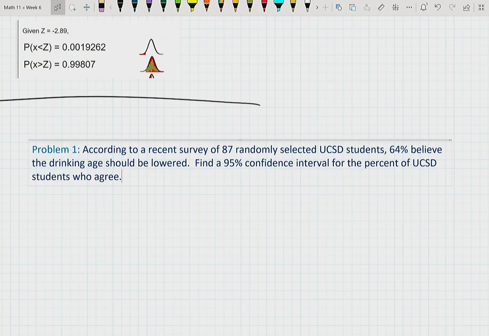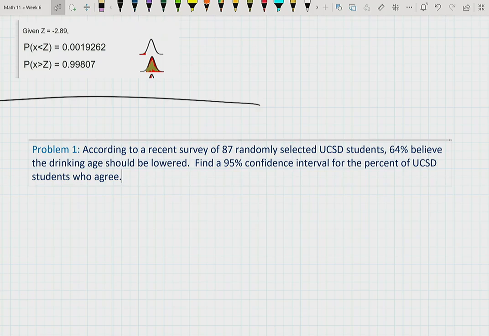I'll discuss later how valid of an assumption that may be, but let's assume that of 87 randomly selected UCSD students, 64% said the drinking age should be lowered. What does this say about the beliefs of the entire UCSD student population?